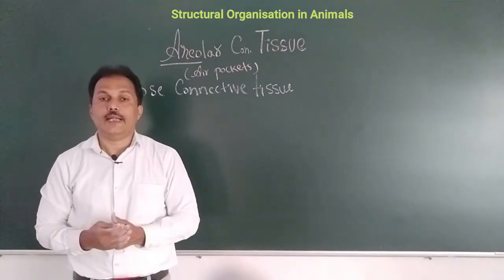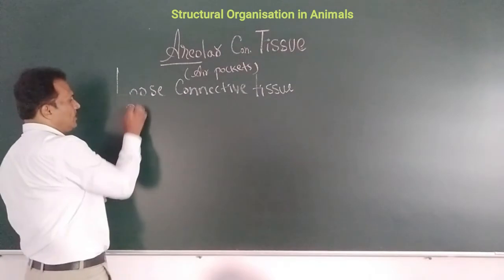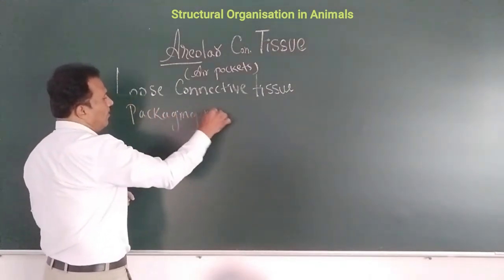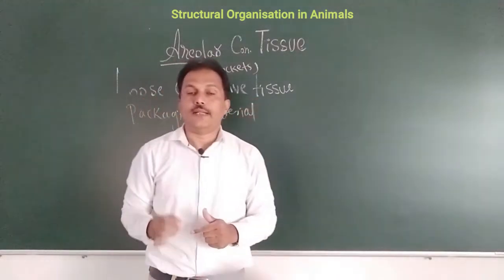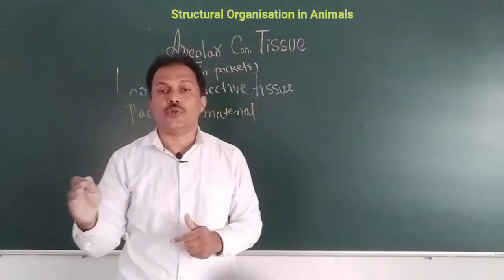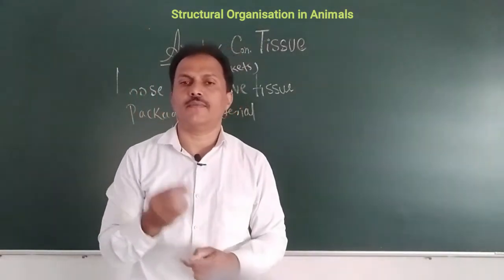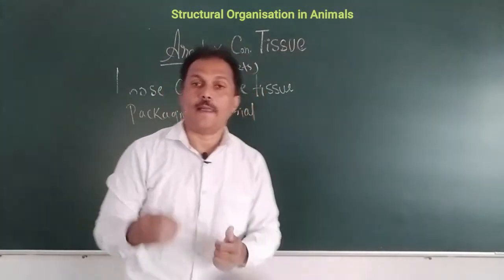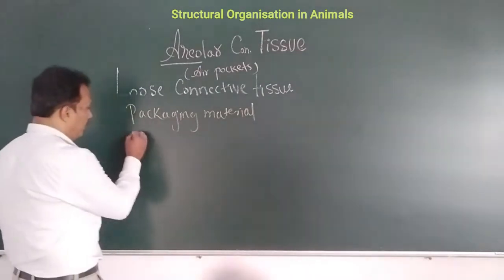It acts as a very good packaging material. That is the areolar connective tissue. I am talking about the location of the connective tissue, and one of its functions: it acts as a very good packaging material.